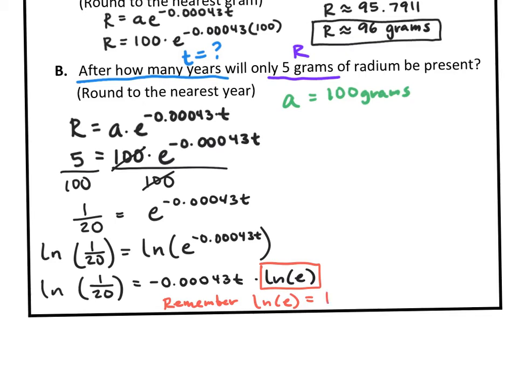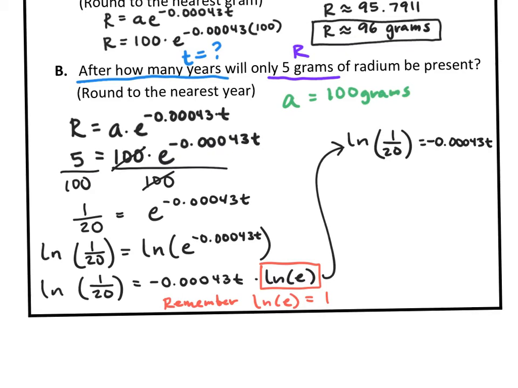So this next step over here, I'm going to copy ln of 1 over 20 equals, if this is going to be 1, what's 1 times this? Just this, right? So it's going to be negative 0.00043t. And then how do I solve for t?